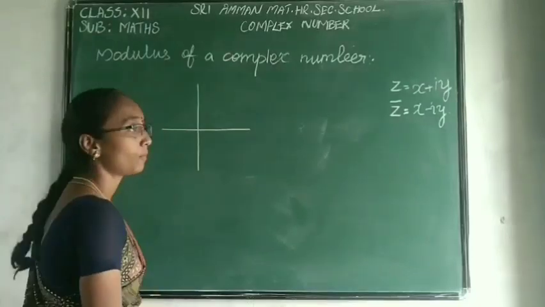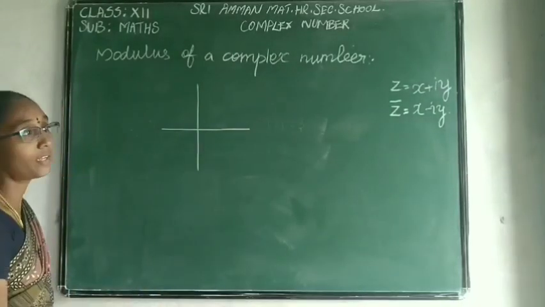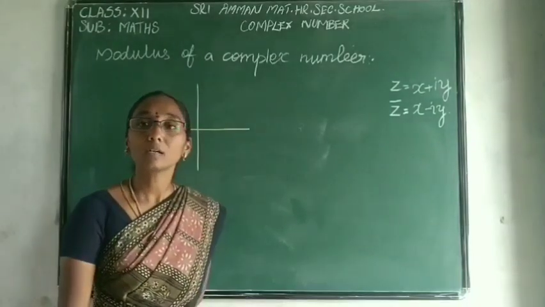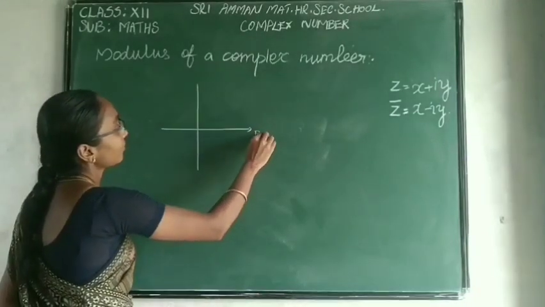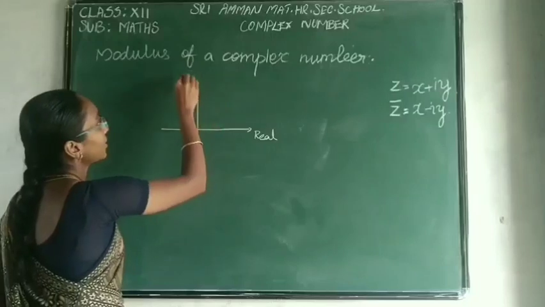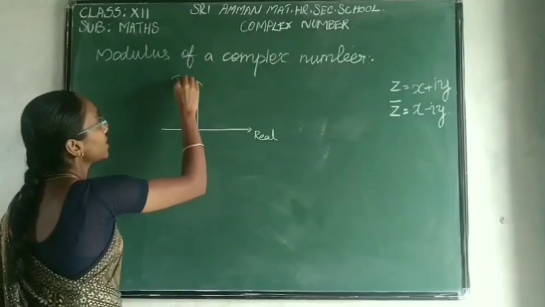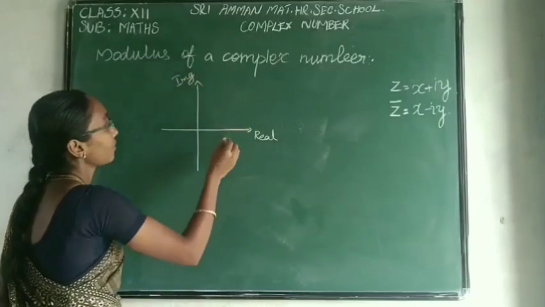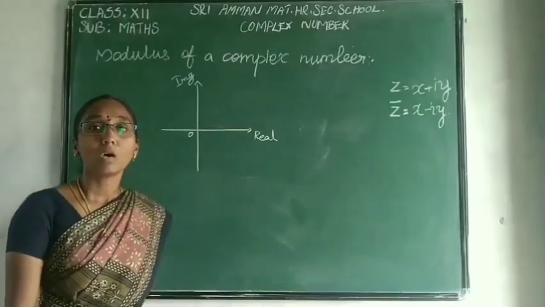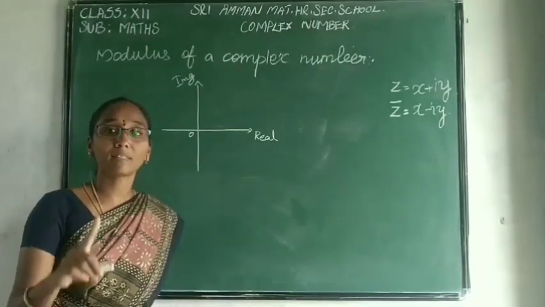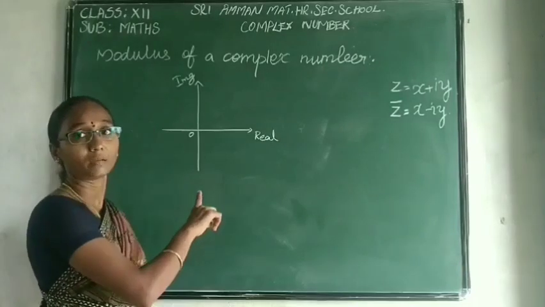This is considered the real part, and this is considered the imaginary part. This is 0. Now I consider one complex number in the plane.